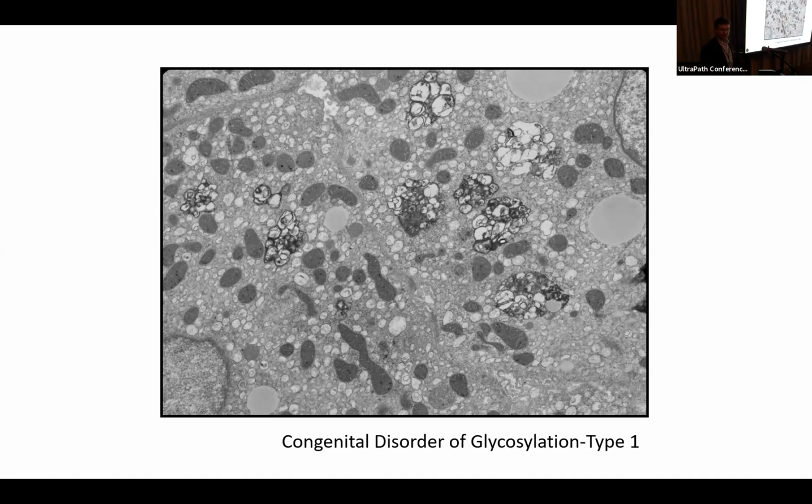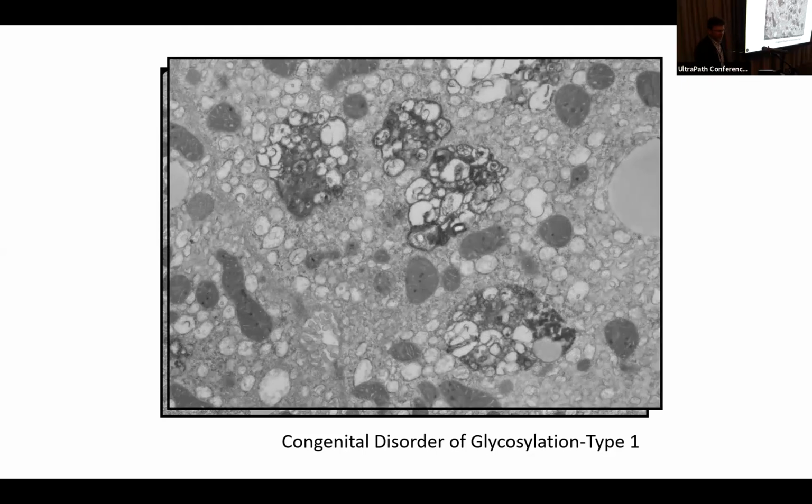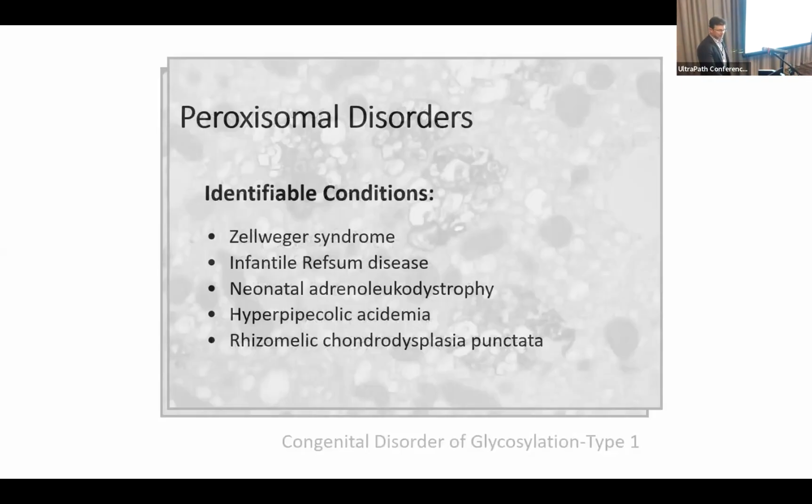The patient did not have cholestasis, and we went back and looked a little bit longer and realized that these structures are actually lysosomal in nature, and learned that this was a new disease to us, congenital disorder of glycosylation type 1. This is a lysosomal storage disease rather than a cholestatic disease. So taking into account the clinical context is always important also.